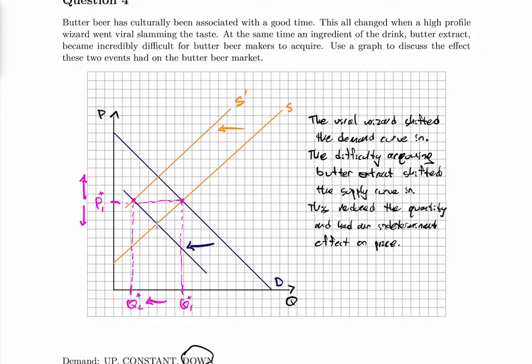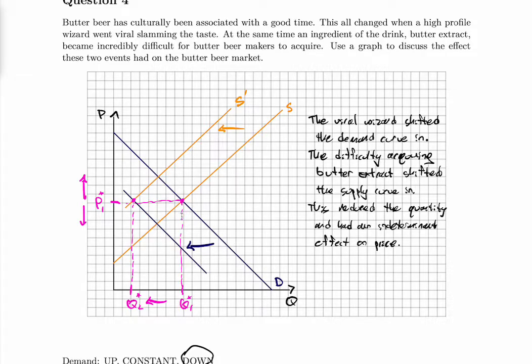And when supply shifts in or up, that also shifts the quantity down, but it shifts the price up. So we get these similar directions in the quantity, so both shift down, but we get these offsetting or opposite directional changes in prices.